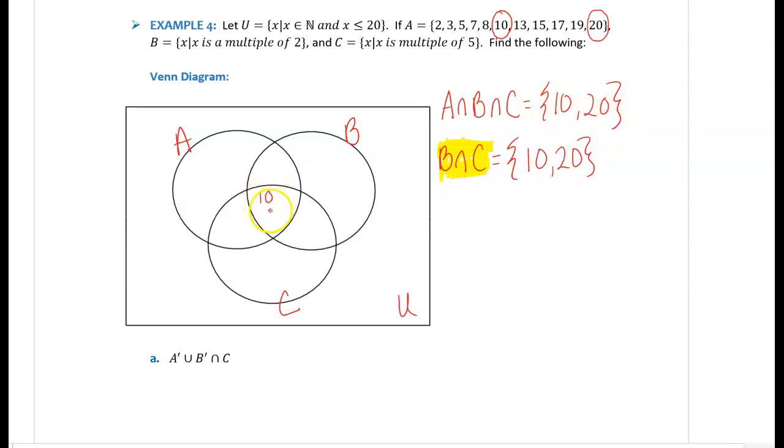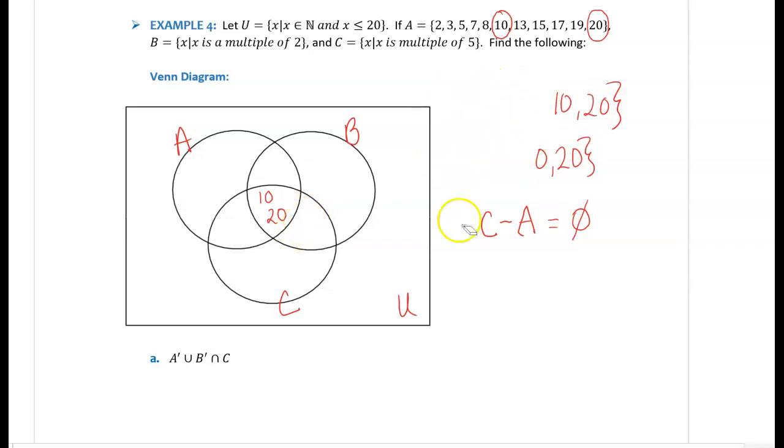So the elements 10 and 20 must be placed in the intersection of all 3 sets. Now this region that I'm highlighting in green, that would represent B intersected with C, not set A. And in this case, I would have no elements.